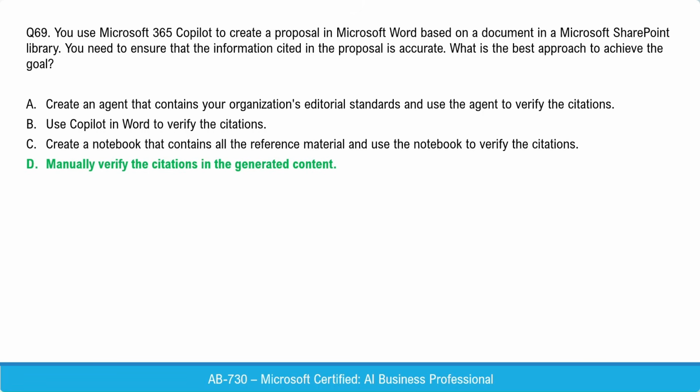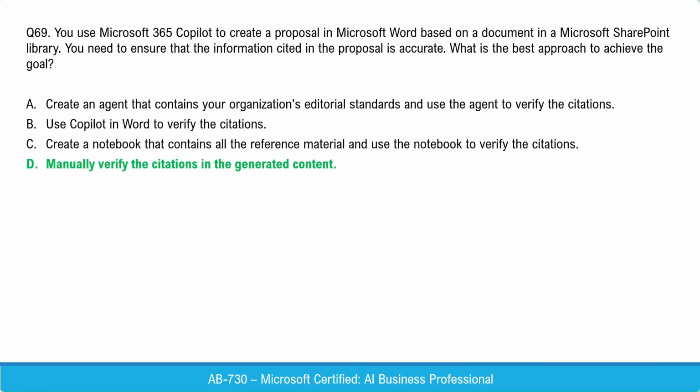Let's understand why. Even though Copilot is powerful, it can sometimes generate incorrect or fabricated references. So when accuracy is critical, especially in proposals, you should always verify citations yourself. Manual verification ensures that the information is correct and properly sourced.